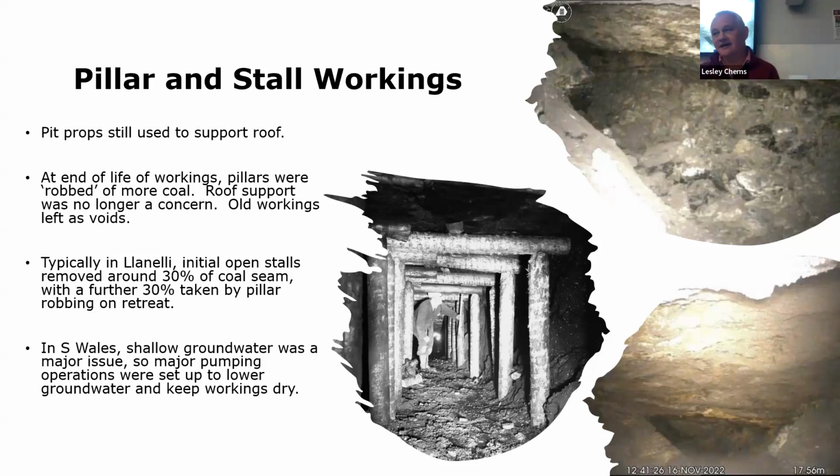Typically in Llanelli, as an example, as they went into the workings through the coal seam, they would take out about 30% of the coal and 70% would be left as pillars to support the roof. But when they came back out again, they would take another 30% from those pillars. So you end up with 60% voiding in the Llanelli area in some places.